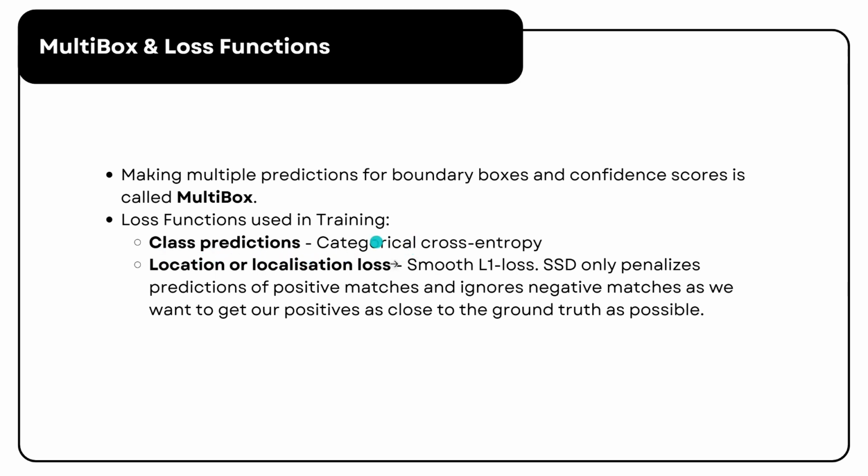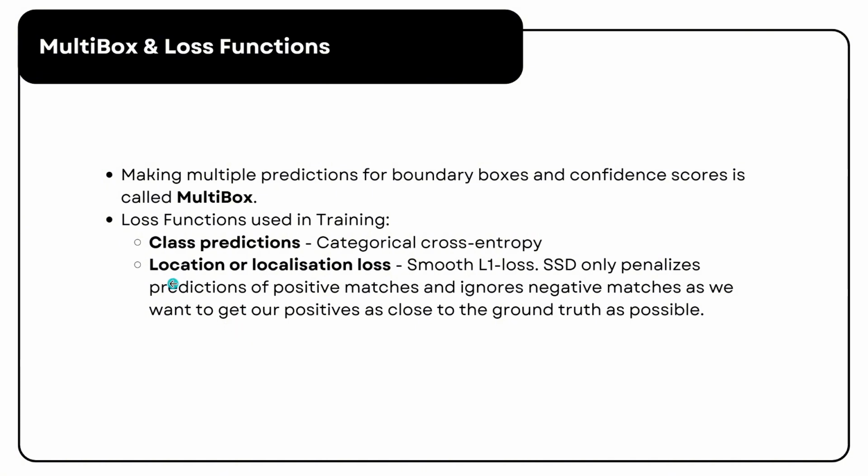This uses categorical cross entropy to evaluate how accurate the model is in predicting the correct class label for each bounding box. So if the model thinks a region is a cat, but it's actually a dog, this loss increases.